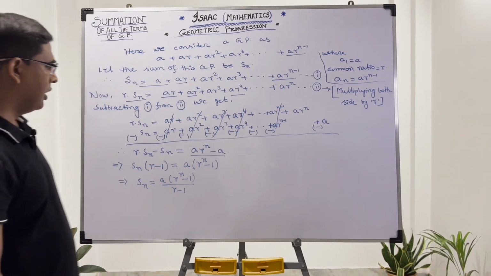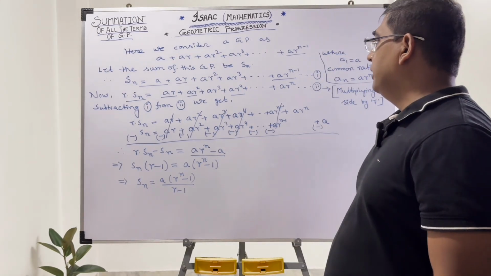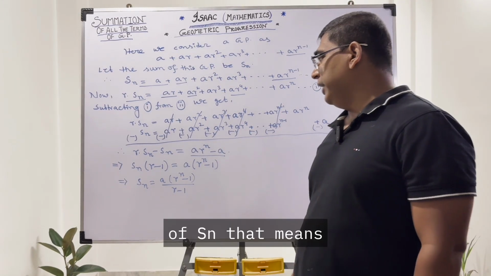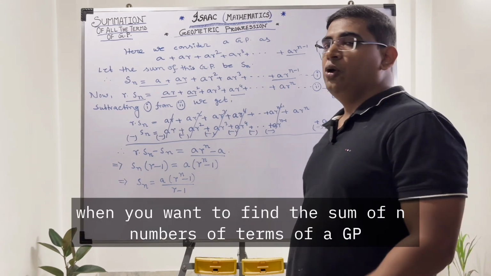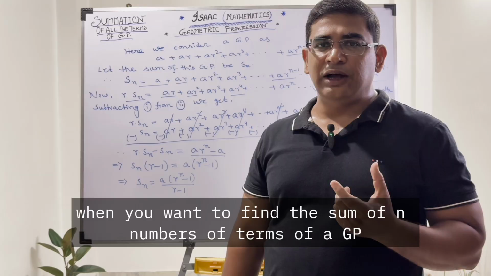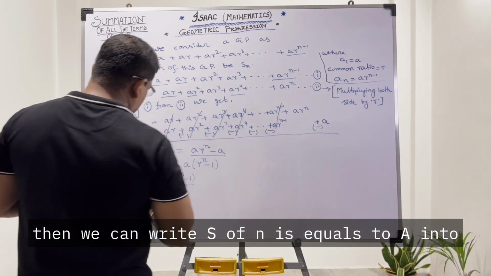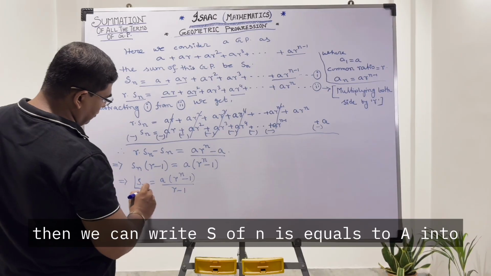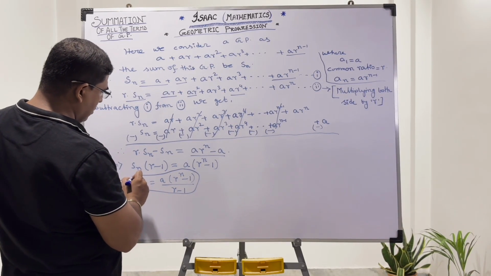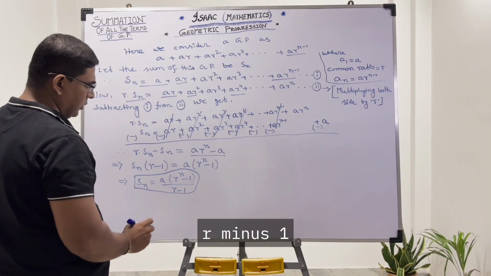Okay. So this is the representation of Sn. That means when we want to find the sum of n terms of a GP, then we can write Sn equals A into R to the power of n minus 1 whole divided by R minus 1.